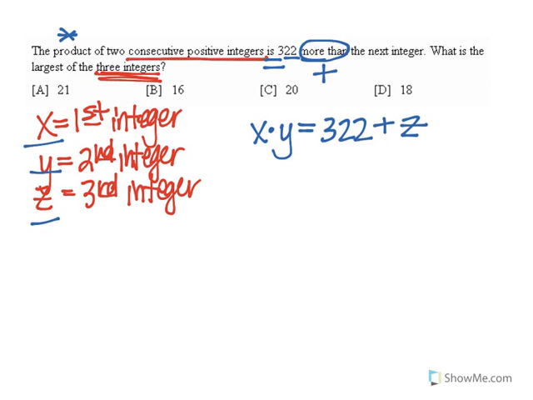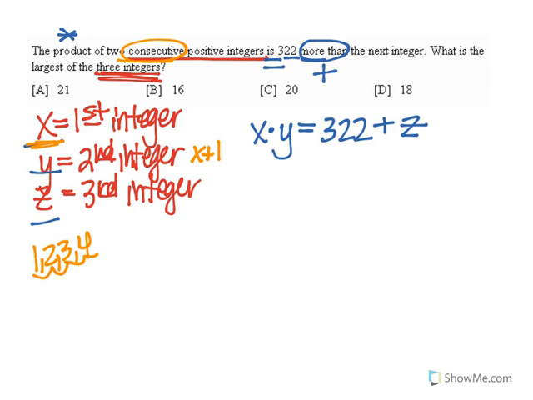Now I have three variables, which means that I'm going to need to find a way to express this in one variable. Well, when I'm talking about consecutive integers, these are numbers like 1, 2, 3, 4, right? They come one right after the other. So if the first integer is x, then the next integer is going to be x plus 1, because it's the next number. 2 plus 1 is 3.